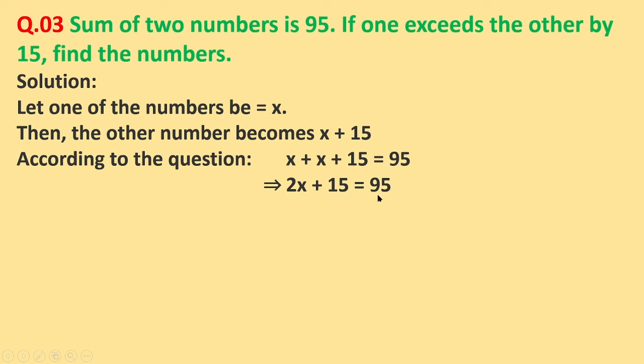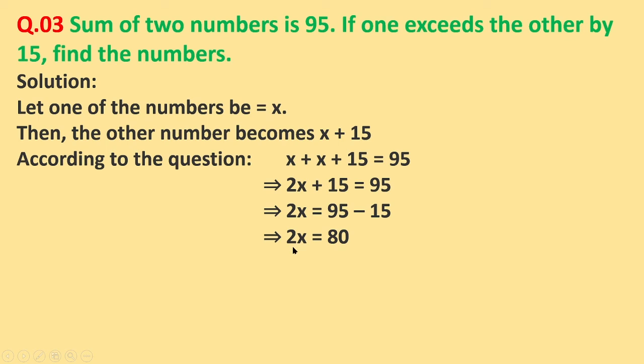Because it is a plus sign, after transposing to the right hand side it will be minus. So it becomes 2x is equal to 95 minus 15. Now 95 minus 15 is how much, children? That is 80 only. So 2x becomes 80.